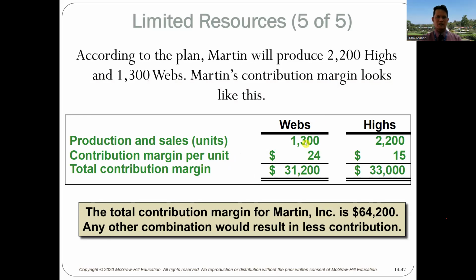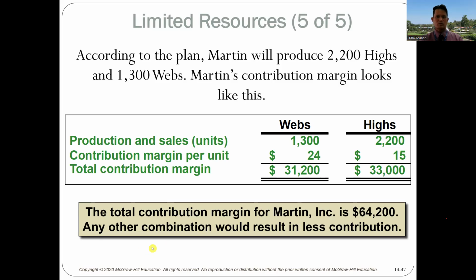So 1,300 webs produced in units times $24 of contribution margin per unit, you will get the total contribution margin in dollar amount of 31,200, right? 1,300 times 24. And for highs, 2,200 times 15, the contribution margin per unit, you will get 33,000.